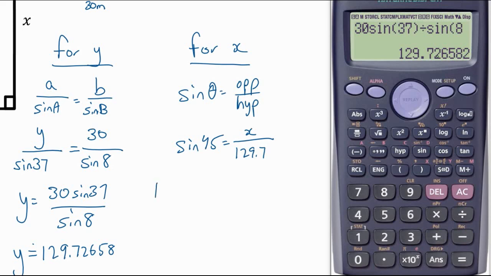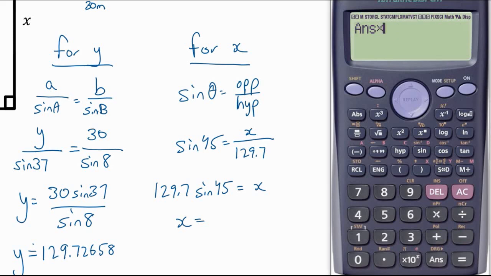So now 129.7 times sine 45, again, this is something that we did before, equals x, and here's where I still have that answer on my calculator. So I'm just going to go times, and it's going to say answer times sine 45, okay?